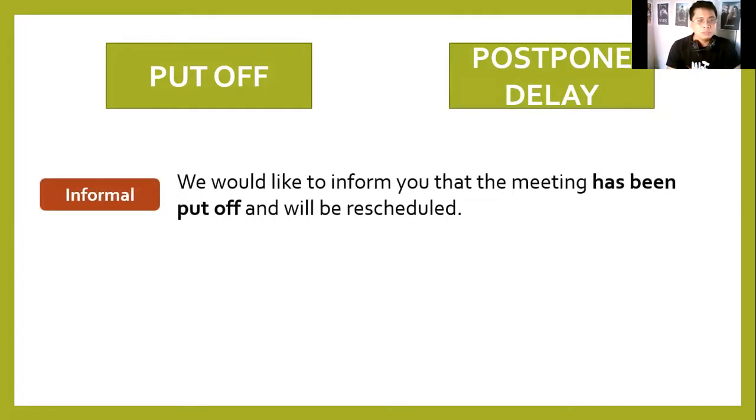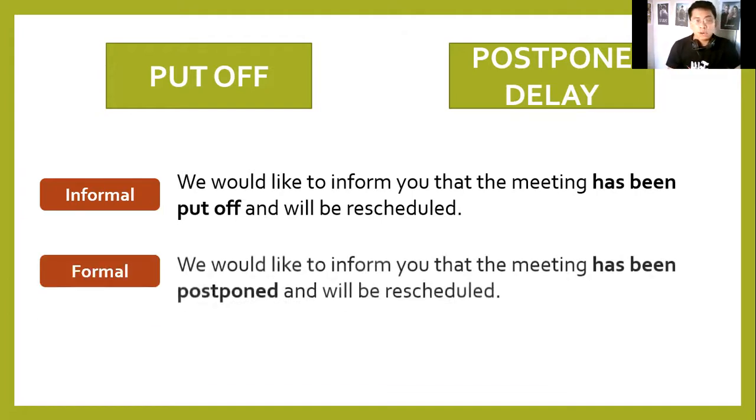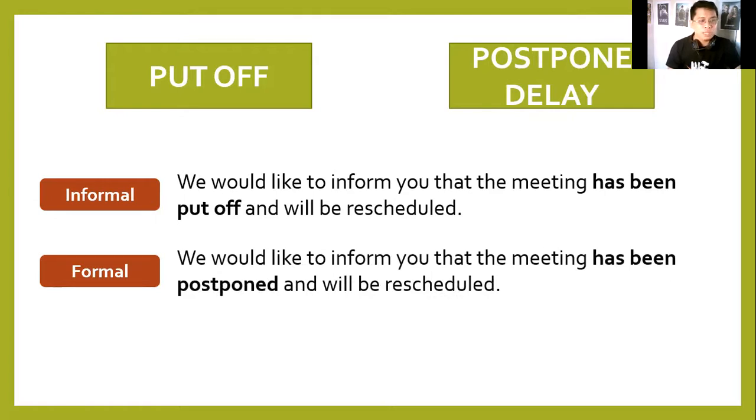So for example, we would like to inform you that the meeting has been put off and will be rescheduled. For formal language, we say we would like to inform you that the meeting has been postponed and will be rescheduled, or has been delayed and will be rescheduled. Okay?